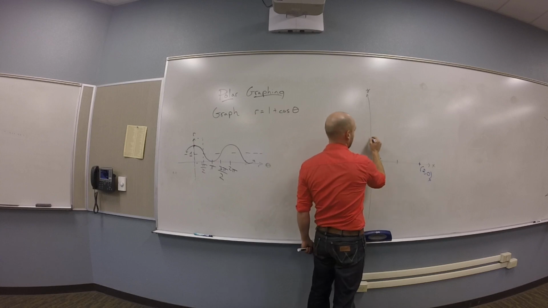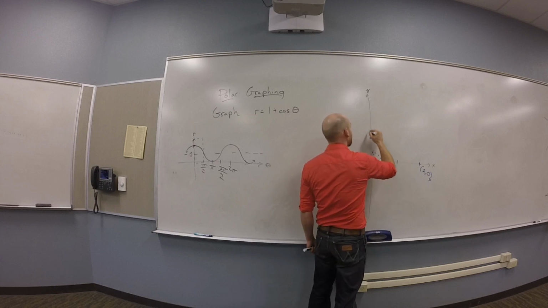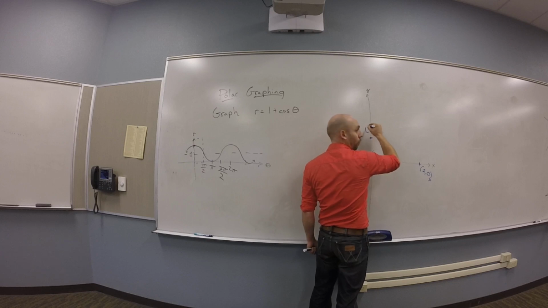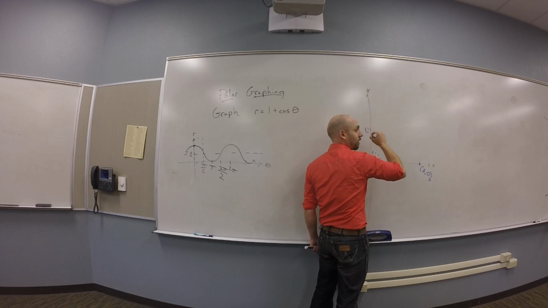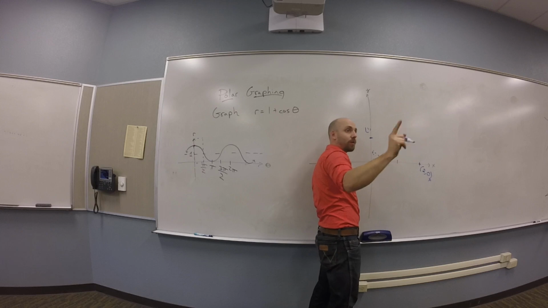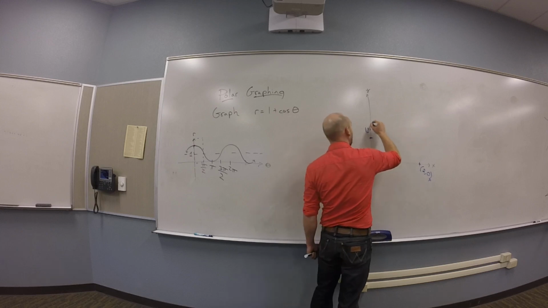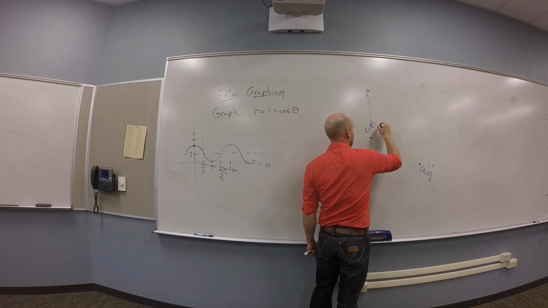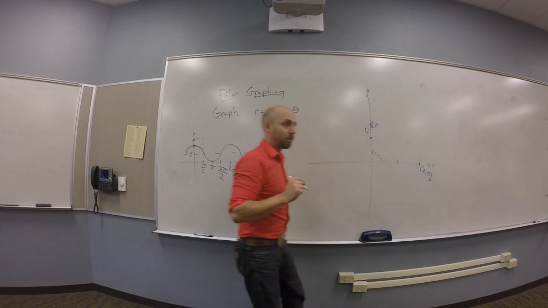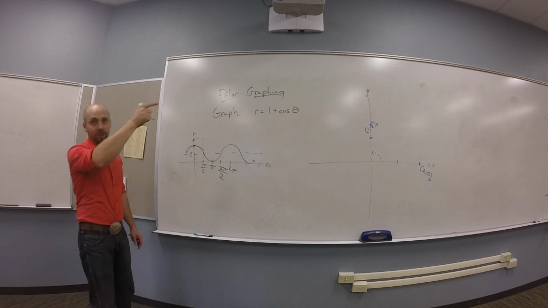So this point here is 0, 1 in Cartesian, but in polar it's 1, comma, pi over 2. In Cartesian, it's 0, 1.